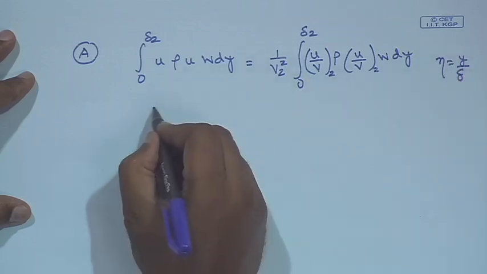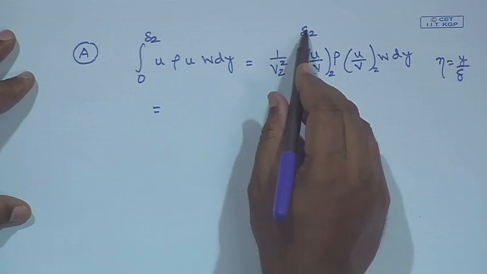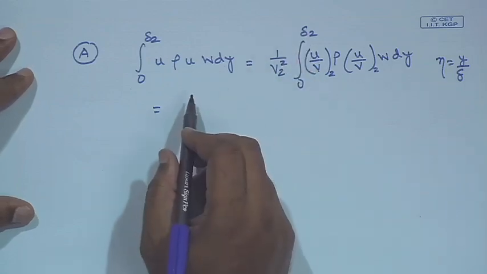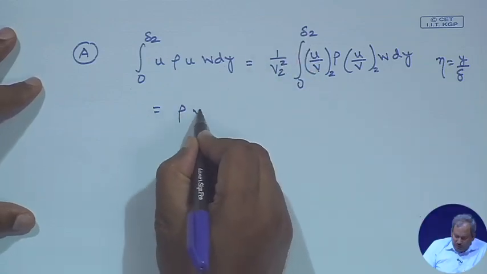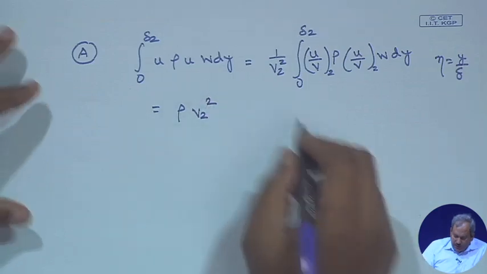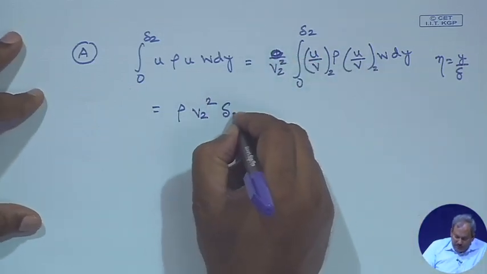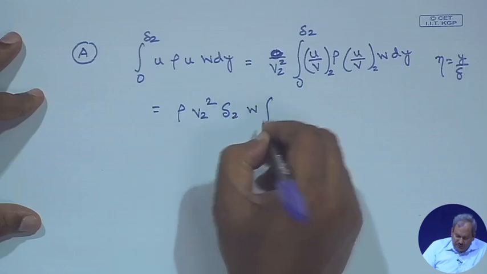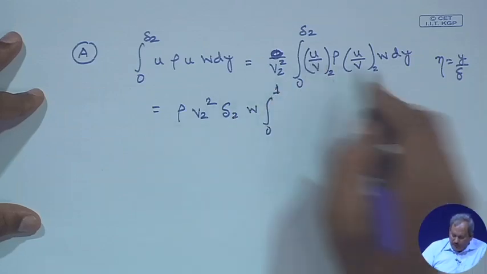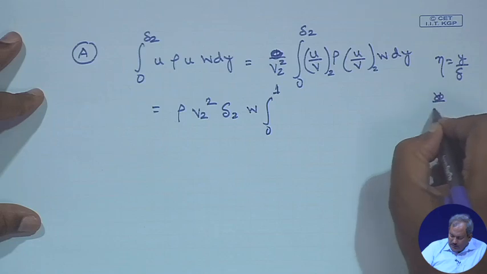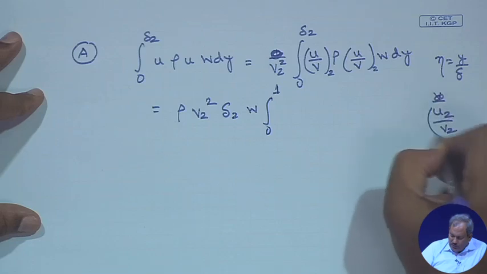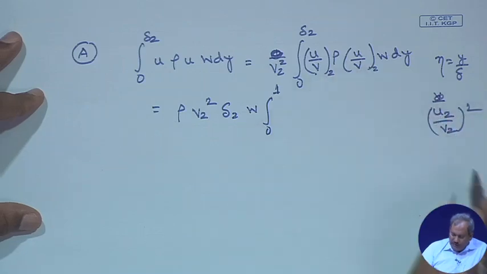So, if I do that, my integration changes from 0 to 1, and the final expression for this would be rho V2 square, sorry, this is V2 square times delta 2 times w, integral from 0 to 1, and what you have is then (u2 by V2) whole square. That is what you have in here.